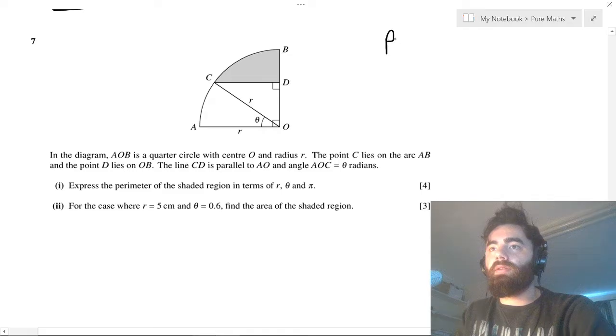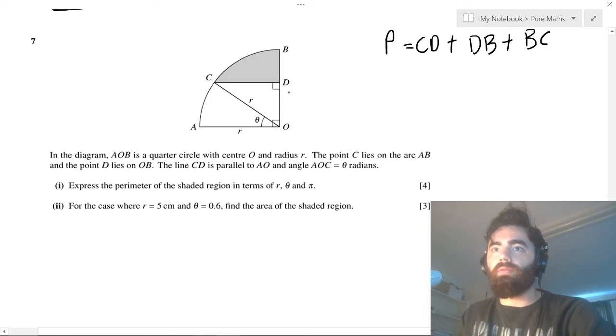Well, the perimeter of this shaded region is just made up of 3 different things. It's made up of CD plus DB plus BC. So we can find each of these things, then we can find the perimeter.